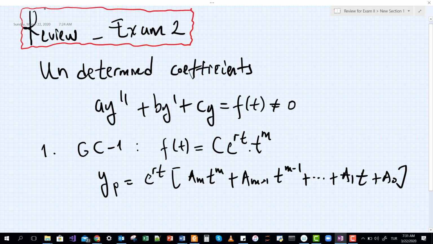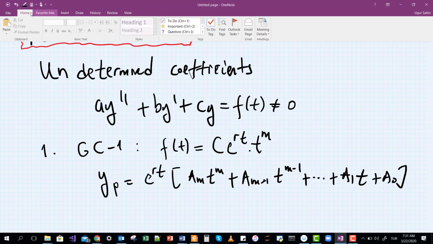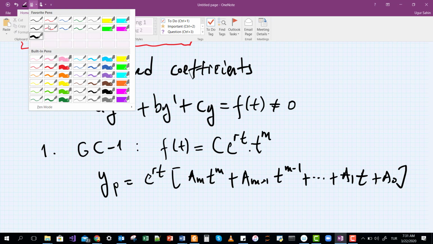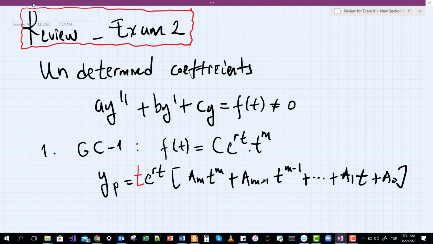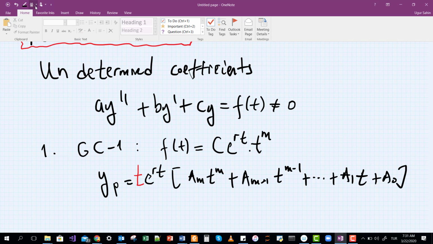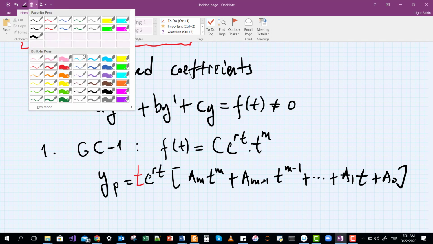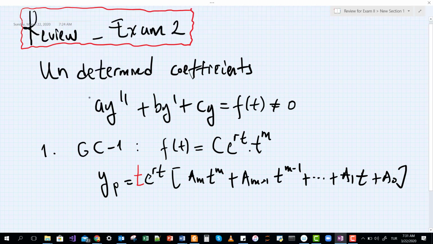But I remember there were some cases where this general technique will not work. That's why I'm gonna need an extra term here. That extra term will help me solve these types of problems under the special cases. What are those cases?